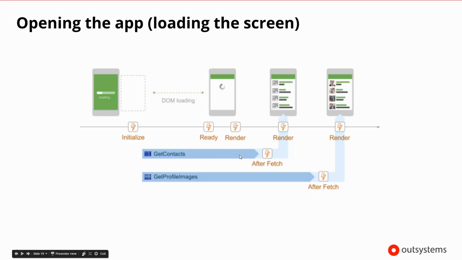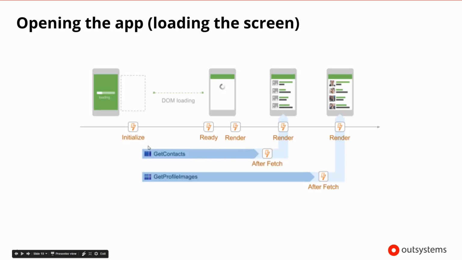Once the contacts are back, if we needed to do anything to the contacts after we have fetched them, there's an on after fetch event. And if we then have fetched the data and we have done any kind of adjustments to the data that we need, it would then automatically cause a render event.